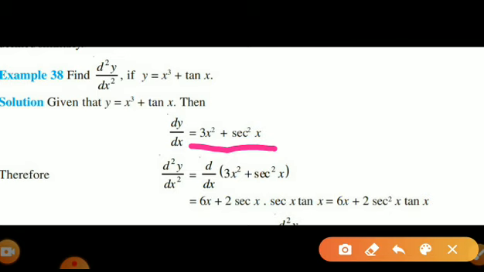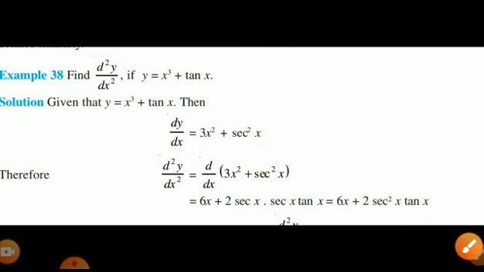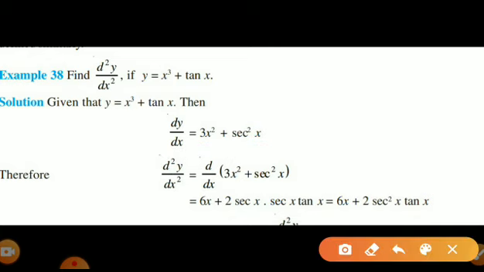Again differentiate it with respect to x. So I'll be getting d2y by dx square is equal to derivative of 3x square plus sec square x. Derivative of 3x square is 6x plus derivative of sec square x. Directly I don't have the derivative of sec square, so it should be written in which form? X raised to n form.